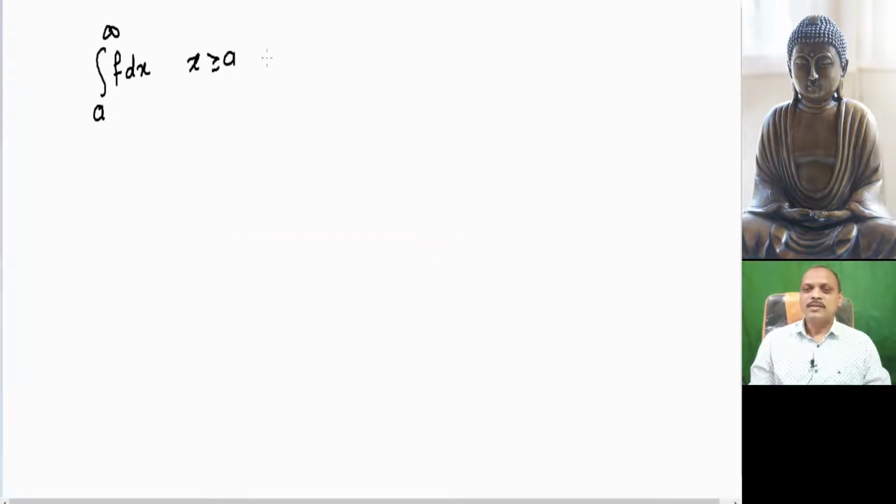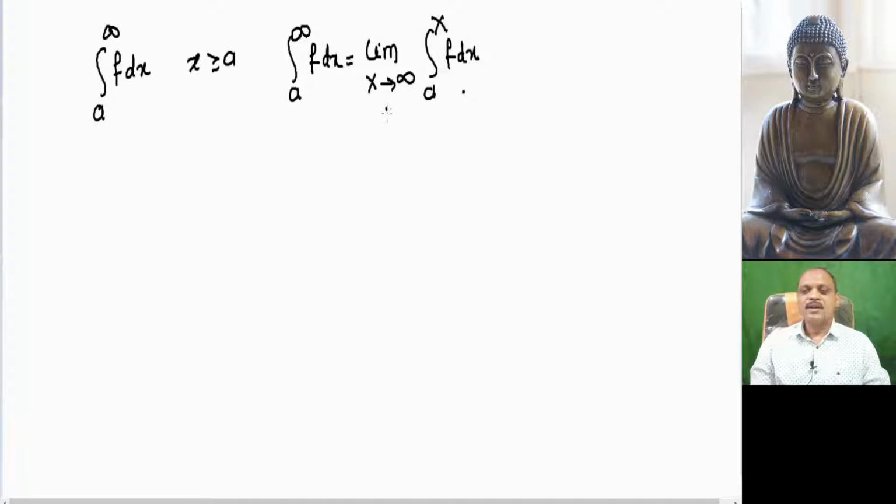Then the convergence of this function is defined as the limit a to infinity of f equal to the limit as capital X tends to infinity of the integration of f. When the integral exists and the limit exists, the function is said to be convergent at plus infinity. Otherwise, it is said to be divergent.